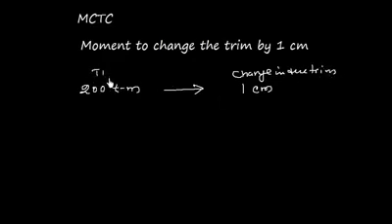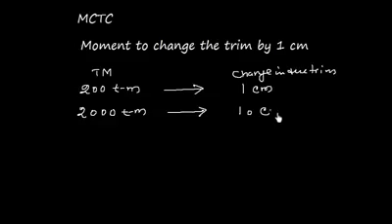So this is the trimming moment. So 200 ton meter of trimming moment causes a change in the trim by 1 centimeter. If I say there was a 2000 ton meter trimming moment, then the change in the trim will be 10 centimeter. Well, this is pretty obvious.